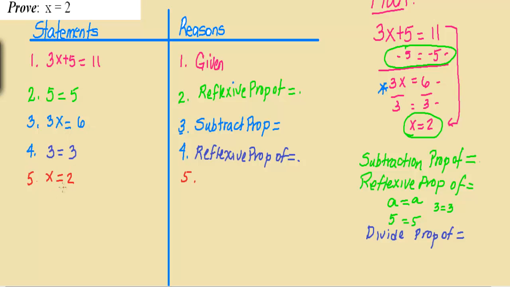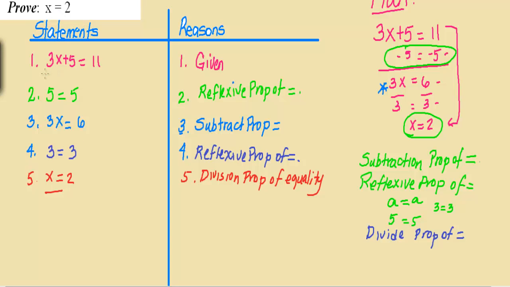So they're going to ask, how did you get to x equal to 2? And you're going to say, well, I used the division property of equality. And there you have it. And you've reached your proof statement, which was prove that x is equal to 2.